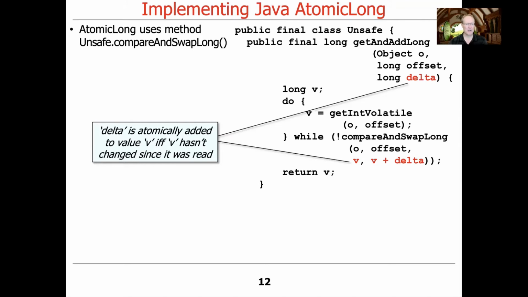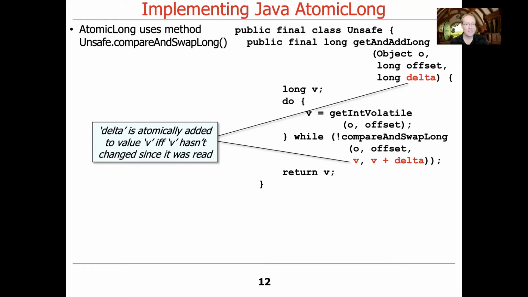And this is really, really cool. The way this works, if you take a look at the code, it's using compare and swap long. And it's basically saying, if the current value at that offset is V, which is what we just received by getting the value, then go ahead and add delta to V. Delta could be 1, delta could be -1, delta could be 5, whatever delta is.